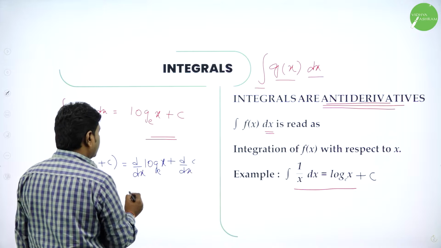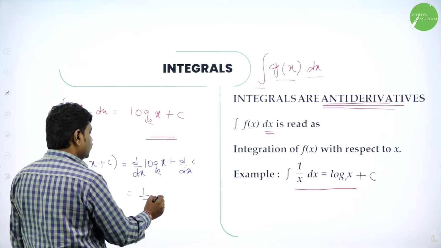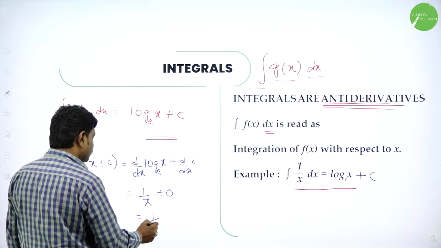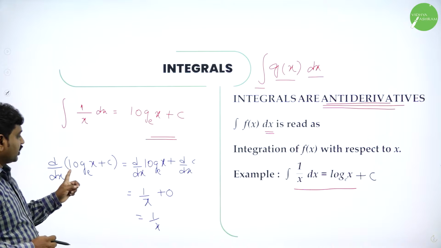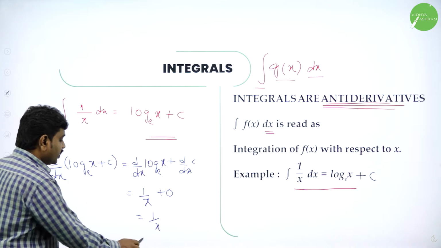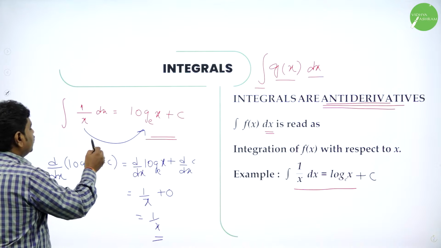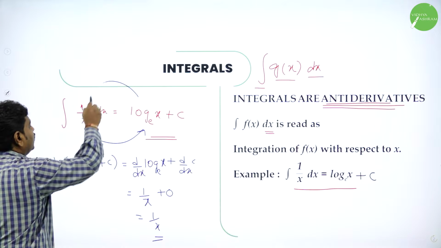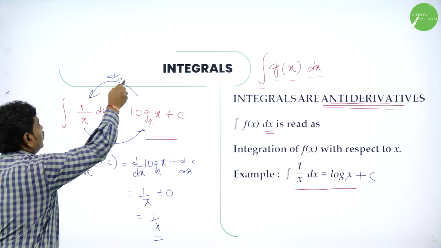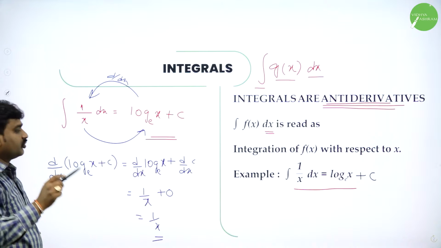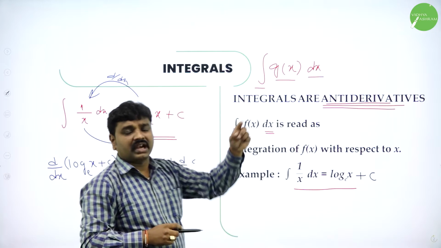What is derivative of log x? 1 by x. Derivative of c is 0. Final answer 1 by x. So when I differentiate log x plus c, I get 1 by x. That's why when I integrate 1 by x, I will get log x. So integration of 1 by x is log x, and derivative of this is 1 by x. So that's why integrals are also called anti-derivatives.